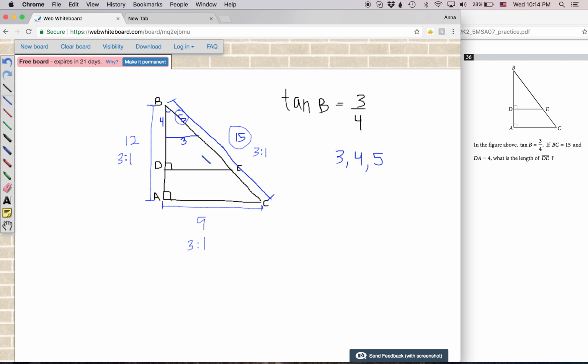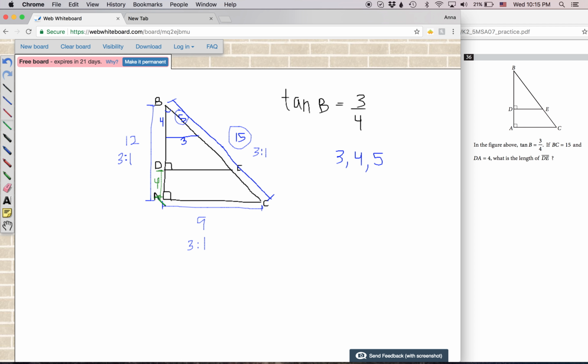Okay. So we're like, well, that's all fine and good. It's nice to know that the bigger triangle is a 3:1 ratio with the small imaginary triangle, but we're looking for DE. And this is where the DA comes in. They tell you that DA is 4, right? We're like, well, DA is 4.